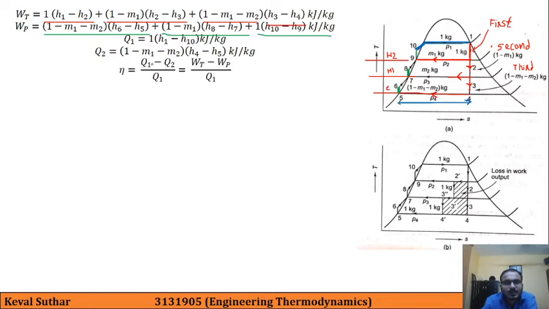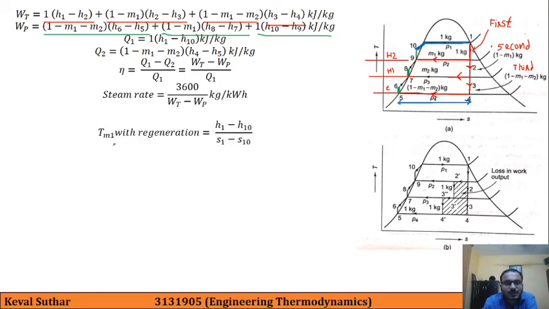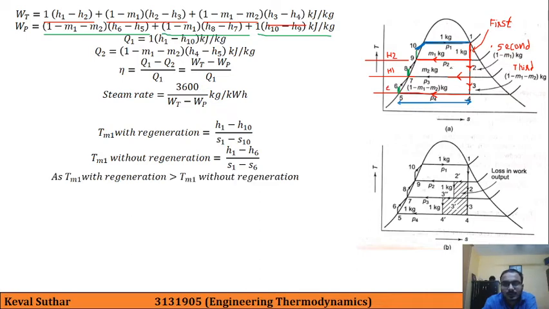Okay, now efficiency is given by this formula, and steam rate as usual. Tm1 with regeneration is from H10 to H1, and Tm1 without regeneration will be from 6 to 1, that will be heat addition.